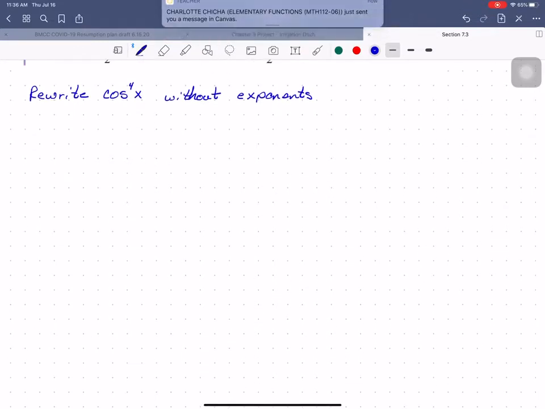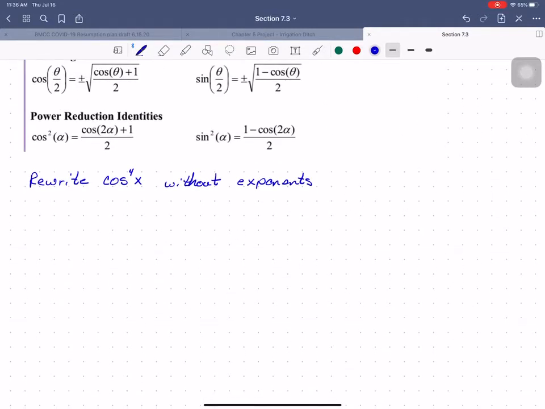We've got an identity that allows us to handle cosine squared, but I've got cosine to the 4th. That's okay, because I can write cosine to the 4th as cosine squared, squared.